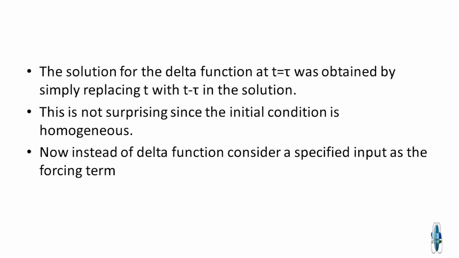The solution that is obtained is e to the a(t minus tau), and it's not surprising because the initial condition is homogeneous.